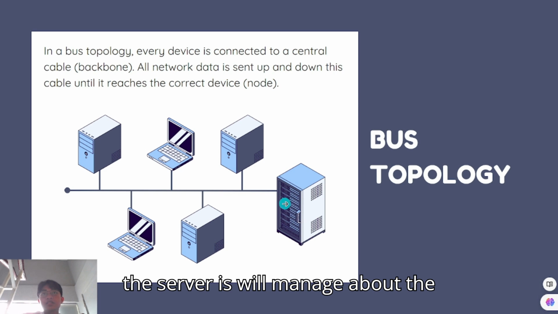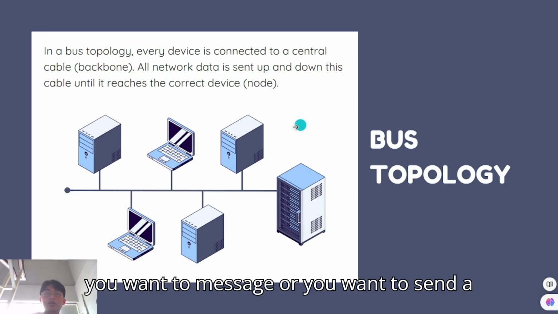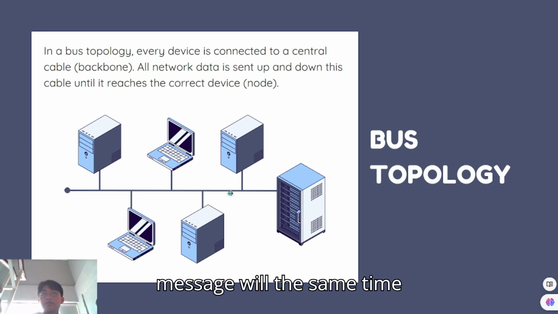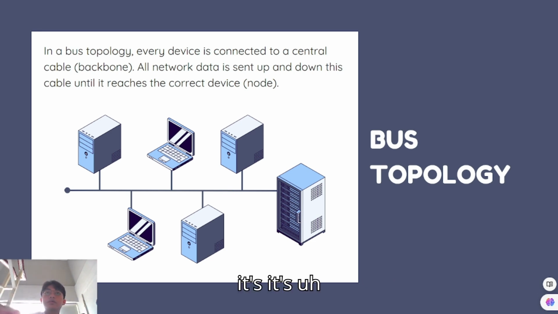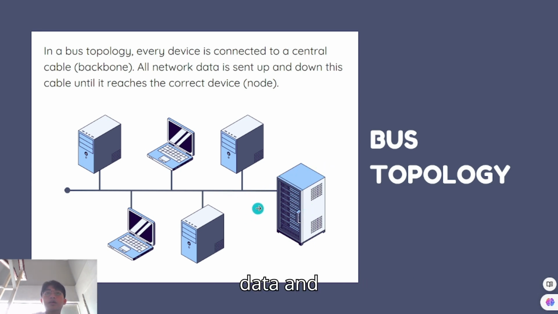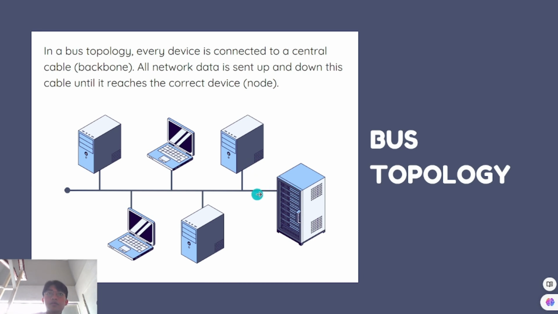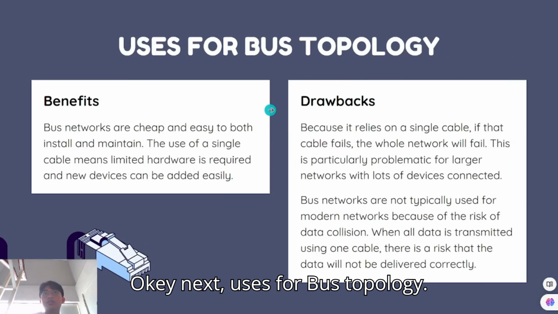Here the server manages the traffic, the line, for the clients. If you want to send a message at the same time, it will not get broken because the server manages the data.